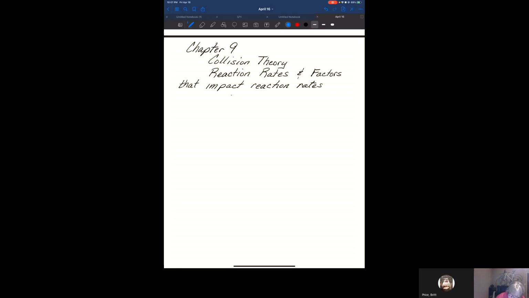We spent time thinking about concentration, thinking about temperature, thinking about catalyst, and remember, with a catalyst, it is a reactant that causes a different set of reactions to occur.